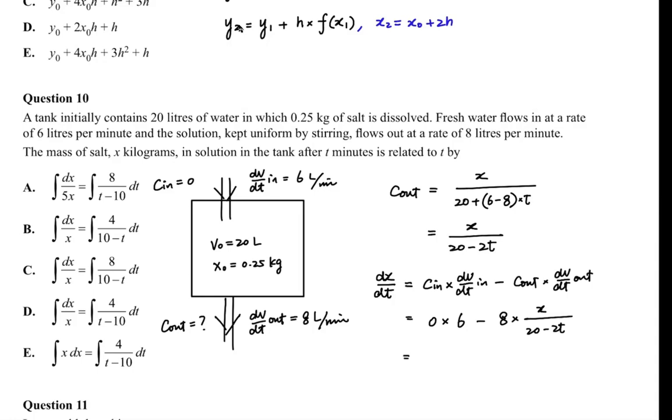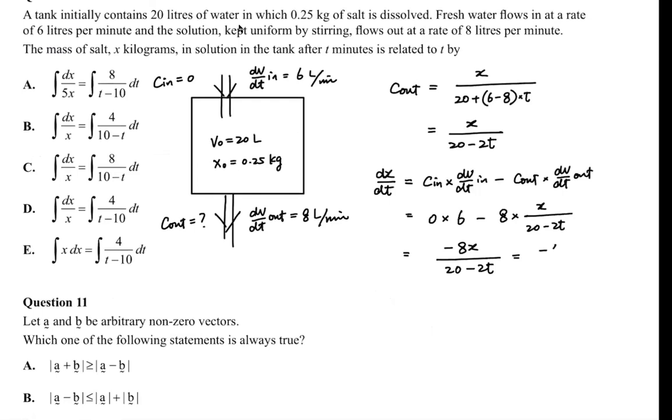In this case, it will be minus 8x over (20 minus 2t). And you can cancel a common factor 2: minus 4x over (10 minus t). This should be correct. And let's tidy it up. dx/dt will be 4x over (t minus 10) if you wish to write it in that way.